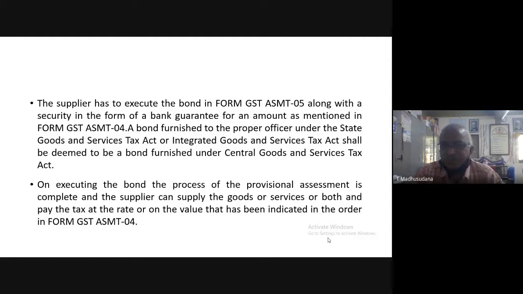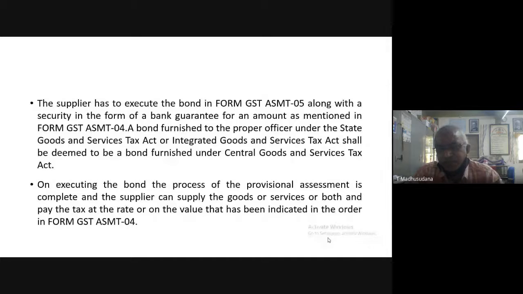It is in the form of a bank guarantee. The bank will give a guarantee on behalf of the supplier that the stated amount will be collected from the supplier and paid to the government for an amount as mentioned in form GST Assessment 4. Whatever amount they have specified in form GST Assessment 04, for that amount the bank has to give a guarantee as security.